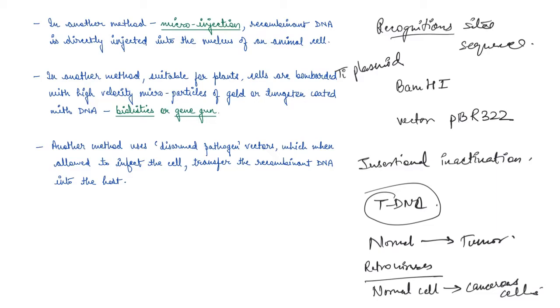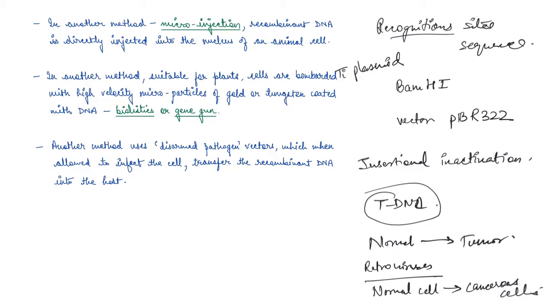Then there is another method which is basically suitable for plants, wherein cells are bombarded with high velocity microparticles of gold or tungsten, and these gold and tungsten particles are basically coated with DNA. Now this is known as biolistics or gene gun. So basically what you are doing is, say you are creating a bullet, right?